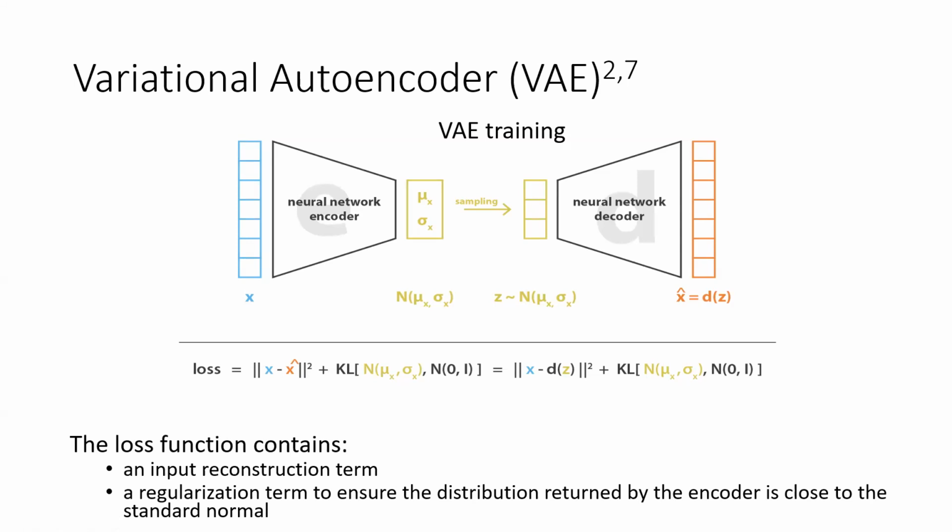The encoder network learns the parameters of a probability distribution. We sample from that probability distribution. So the latent space is really described by the probability distribution that we learn, that is, the parameters of that probability distribution. But then we use that distribution to sample in order to get a particular instance, because neural networks do not work with distributions.